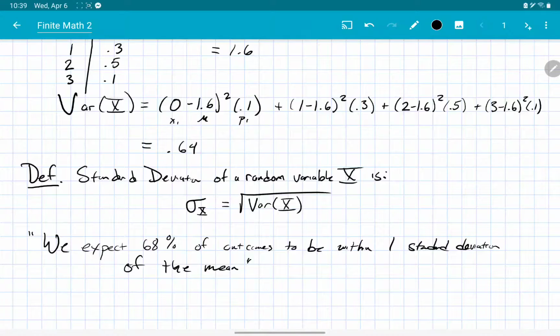We say, okay, we expect 68% of the people to be within one standard deviation of the mean. This is true for things like adult height of men or adult height of women. And looking at that, and we find a mean, and 2/3 of the people will fall between the mean minus the standard deviation and the mean plus the standard deviation.